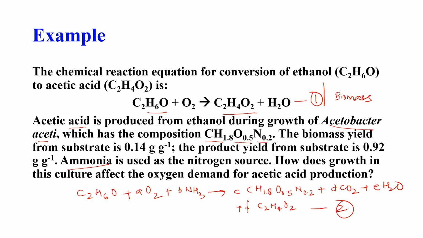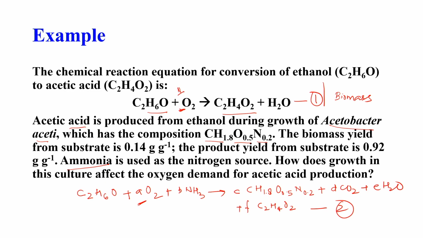Now, how does the growth of this culture affect the oxygen demand? Here the stoichiometric coefficient of oxygen is A. If you can calculate the value of A, then one should be able to comment on how it is affecting the demand of oxygen for the acetic acid production.